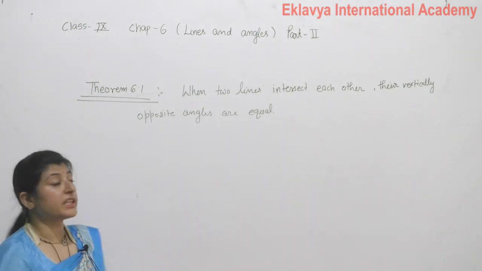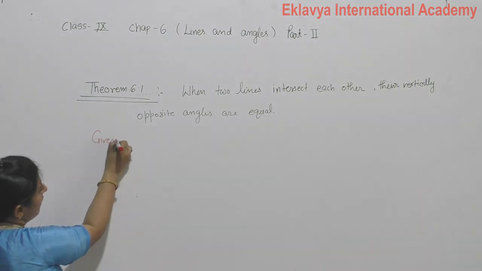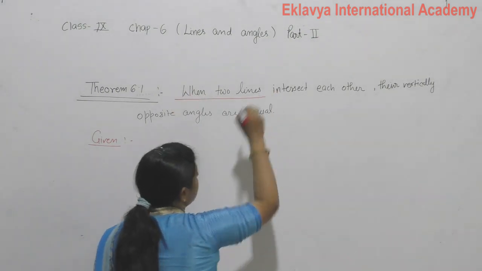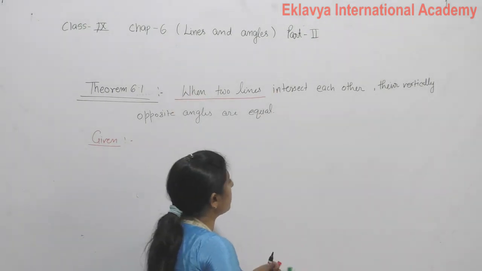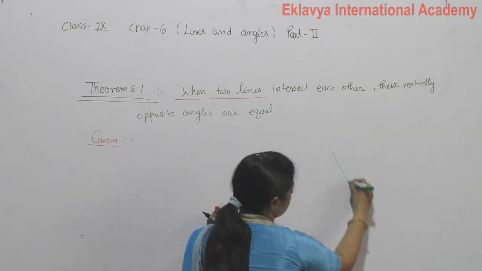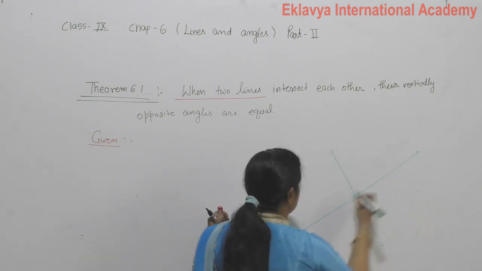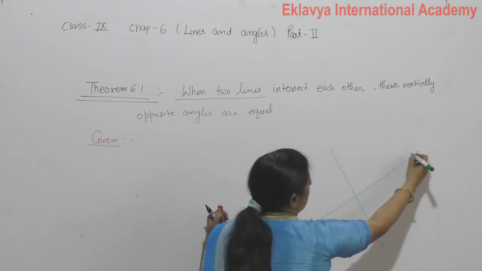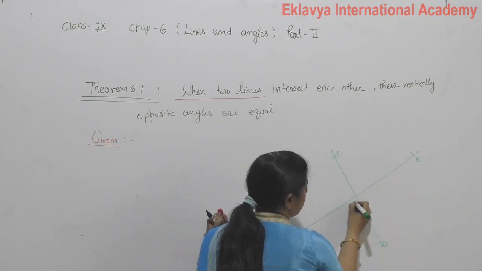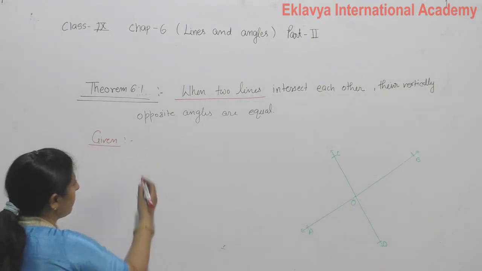Firstly, we write down the given. What is given? When two lines, it means we take two lines. Two lines AB and CD intersecting each other at point O. What do we write here in the given?